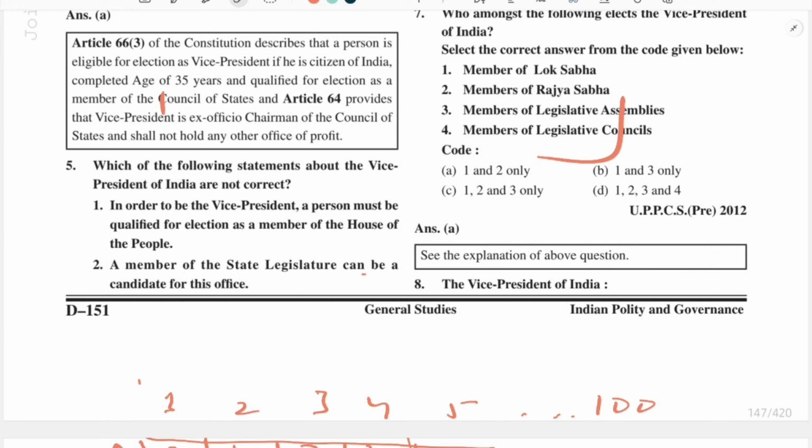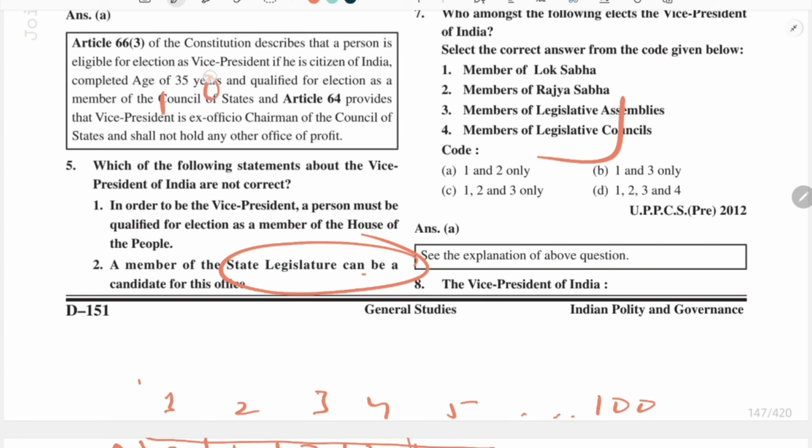Some of you may have a doubt about what an office of profit is. Office of profit is actually not defined in the constitution, but it is defined from time to time by the parliament. Offices of profit are posts in government which are occupied by legislators with some financial remuneration and have certain executive power.